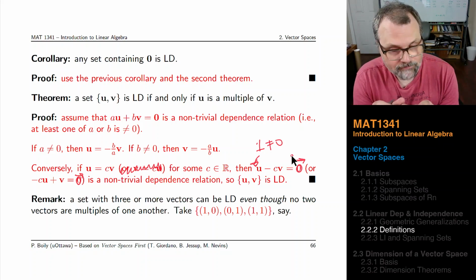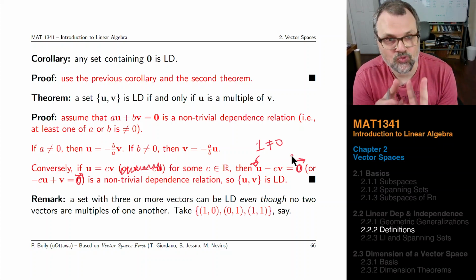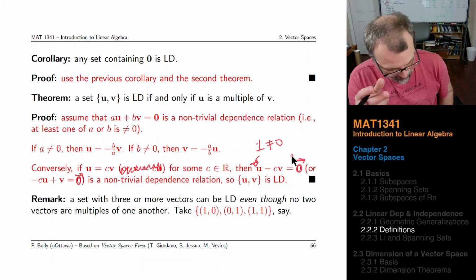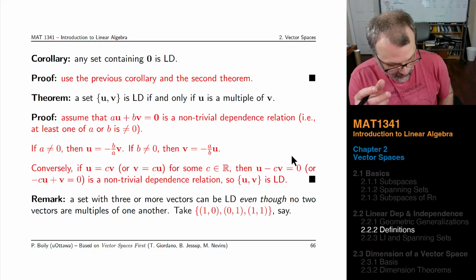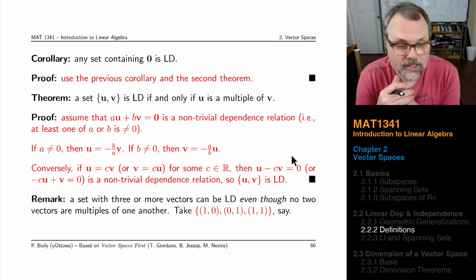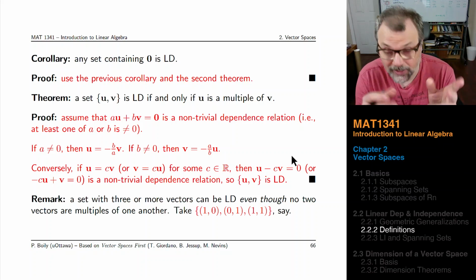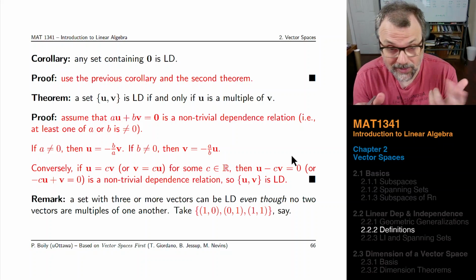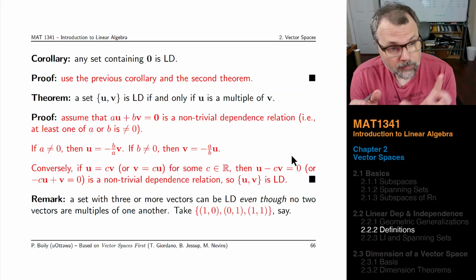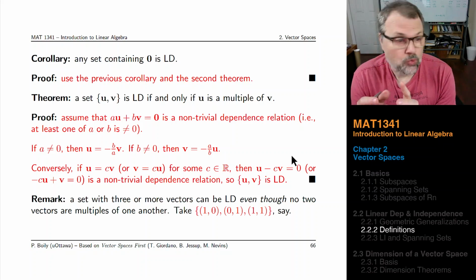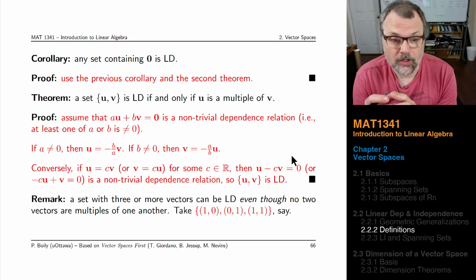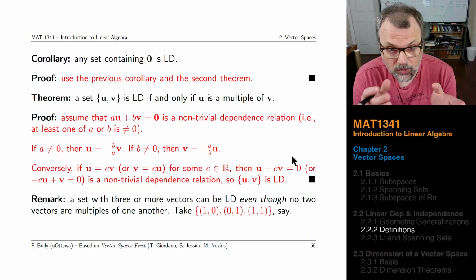Be careful though. This is interesting or important only if you have 2 vectors to start with. If you have more than 2 vectors, if you have 3 or more, then it's possible that a set is linearly dependent, LD, even though pair by pair, no 2 vectors are multiples of one another. (1, 0), (0, 1), (1, 1).